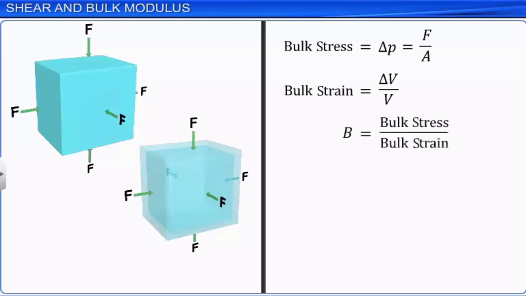The reciprocal of bulk modulus is called compressibility and is denoted by K.